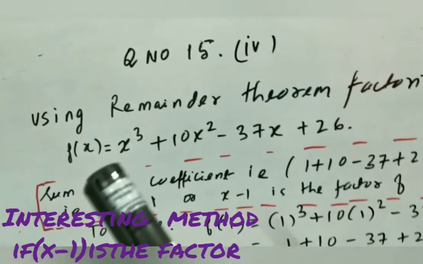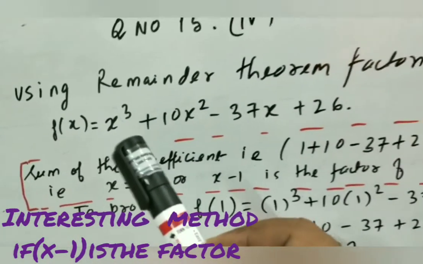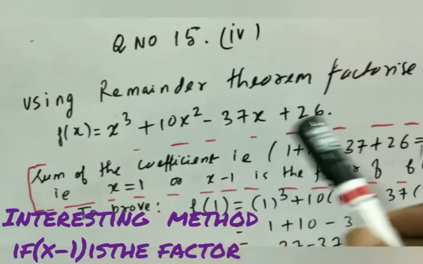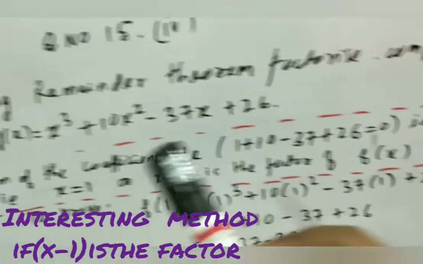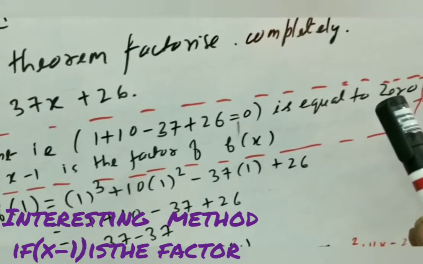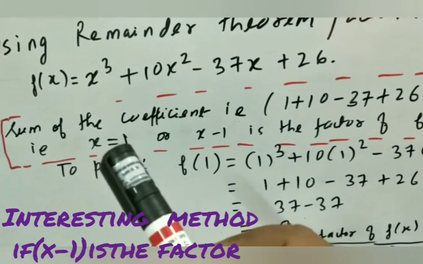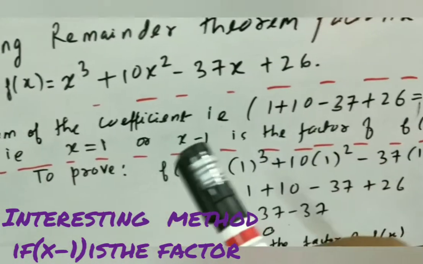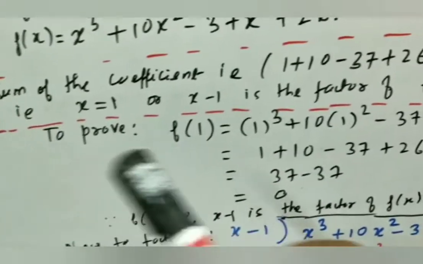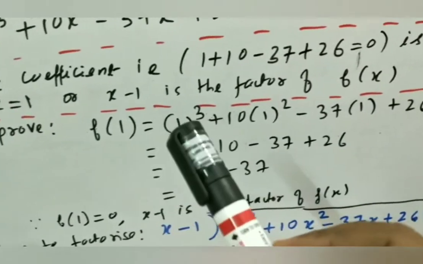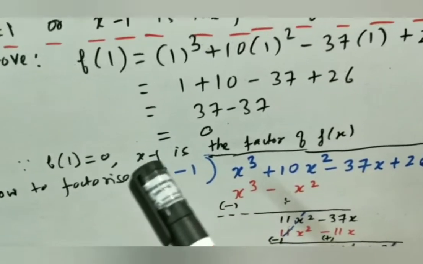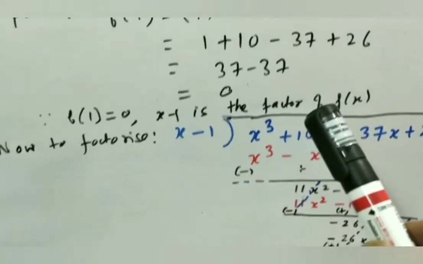But just to advise you, if the sum of the coefficients of x cube, x square, x and the absolute term is 0, like here we have 1 plus 10 minus 37 minus 20 plus 26, then x is equal to 1. f(1) will satisfy this and x minus 1 will be the factor. But this is just an advice for you. To prove this, you will have to replace x with 1 and find it as 0. f(1) is 0, so x minus 1 is a factor of f(x).